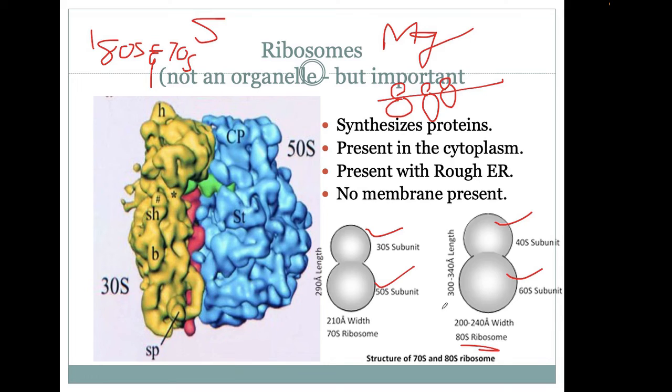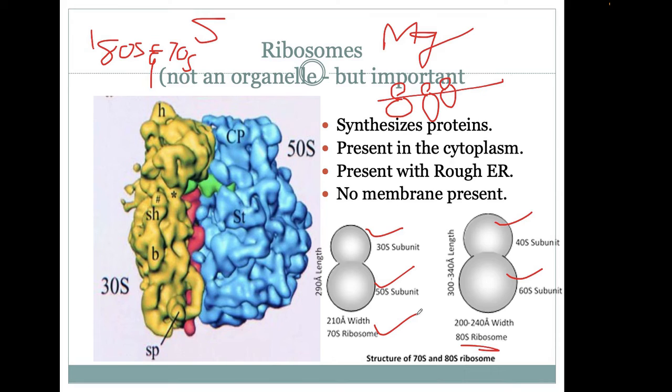So, in eukaryotic cells, 80S and 70S types of ribosomes are present, and in prokaryotic cells, only 70S type of ribosomes are found. In prokaryotic cells, only 70S type of ribosomes are found, but in eukaryotic cells, 80S and 70S, both types of ribosomes are present.